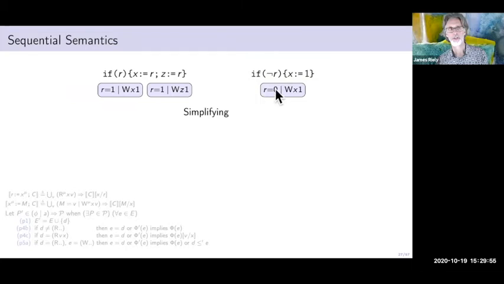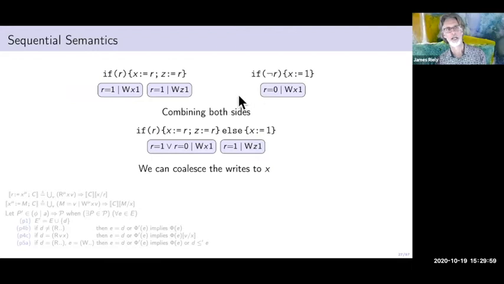And now it's quite obvious if I put them in composition, I can collapse or coalesce X is 1 from both sides. And when I do that, I get the disjunction of these. So in other words, this if-then-else can produce X is 1 either when R is 1 or when R is 0. If it wants to write Z is 1, then we need to have that R is 1.